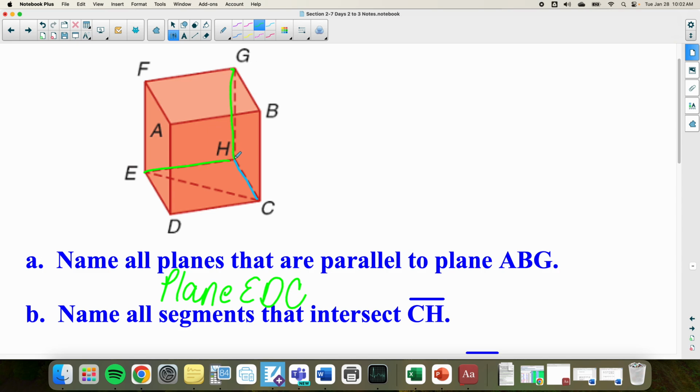CH. CH is our line. Oh yeah. DH, DB, DC, BC, EC. And EC. Does that look like all of them then? It does. Say that again. DH. That one I already have colored. That one is one. Yep.